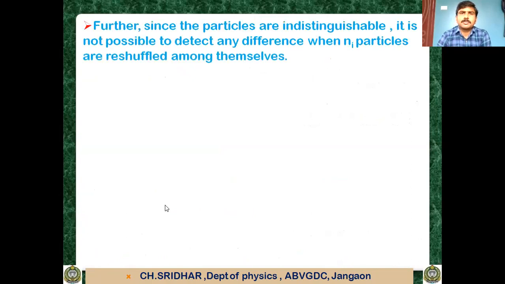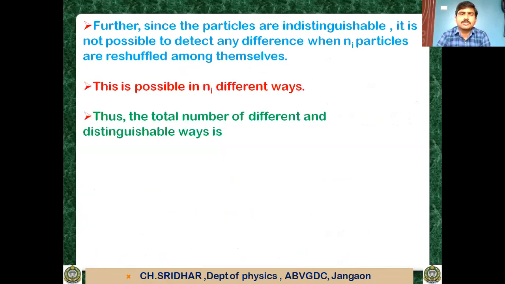Further, since the particles are indistinguishable, it is not possible to detect any difference when the Ni particles are reshuffled among themselves. This is possible in Ni factorial different ways, so we divide by those.